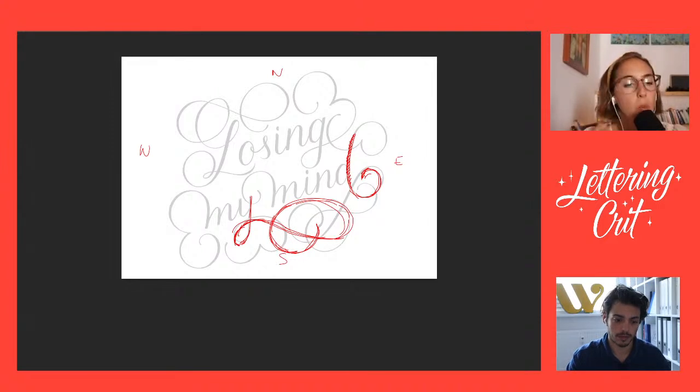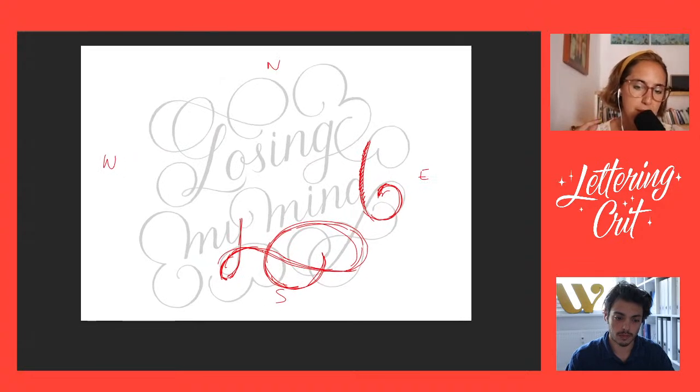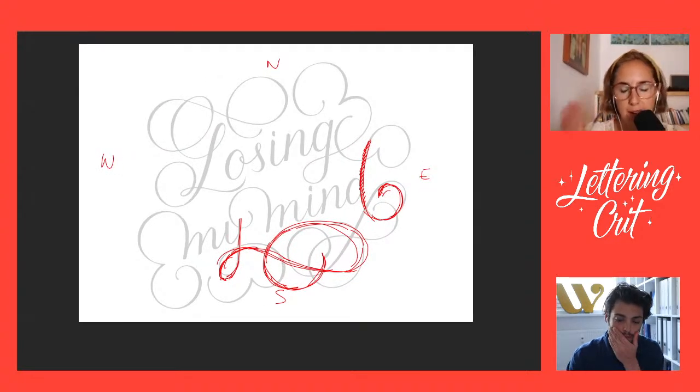So one way of doing that is to look for other letters that can do a flourish. And great opportunities to do flourishing are your ascenders and descenders.